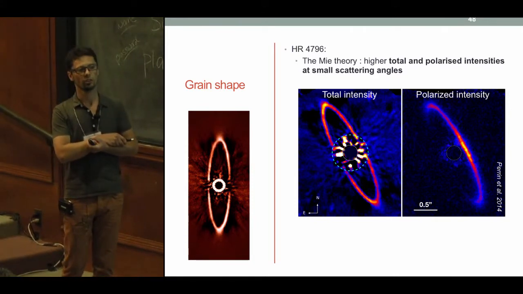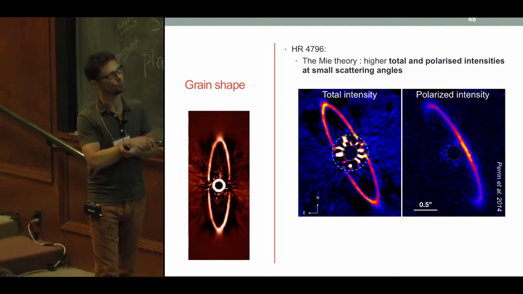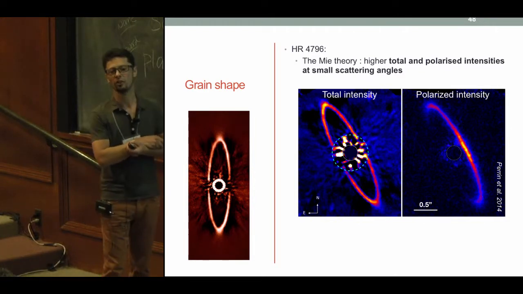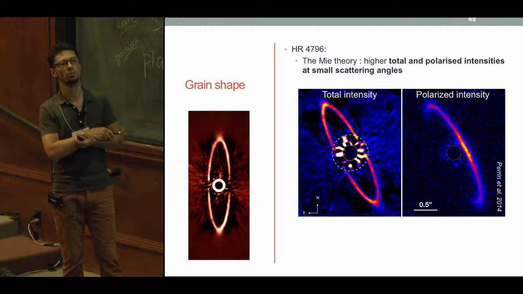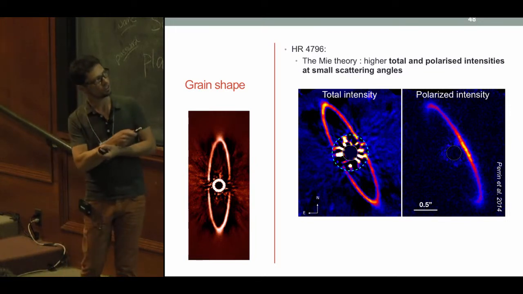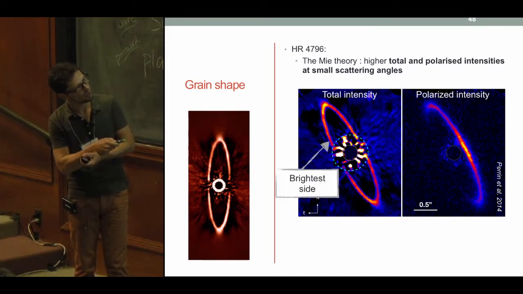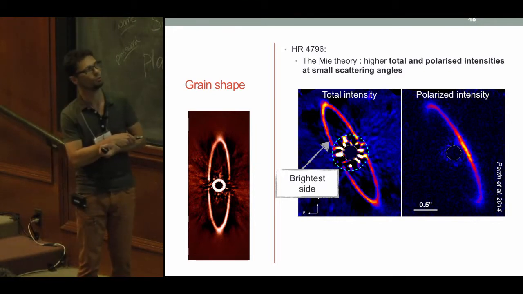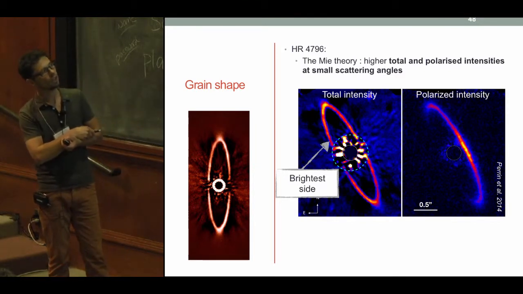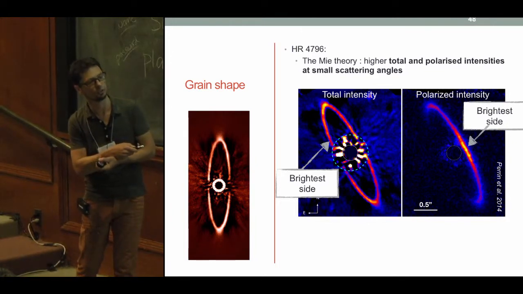So you would expect that your total intensity image and your polarized intensity image should have some asymmetry on the same side. And this is not what is being observed. In total intensity, you may convince yourself that it is slightly brighter on that side, I think by a factor of 2 or something. And obviously, on the polarized intensity image, it is much brighter on the other side.